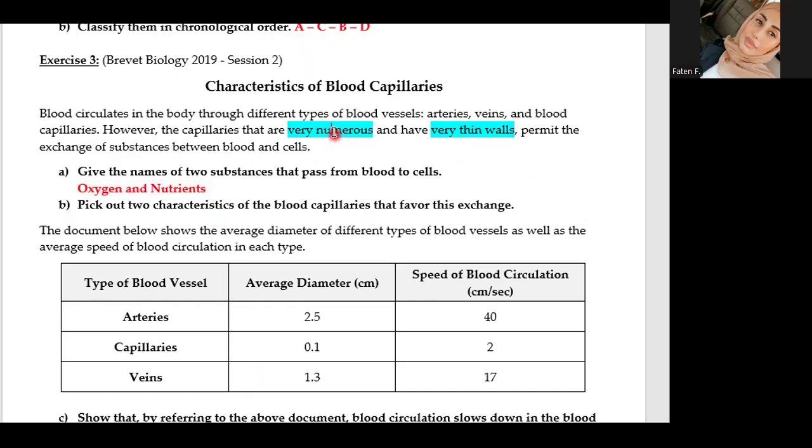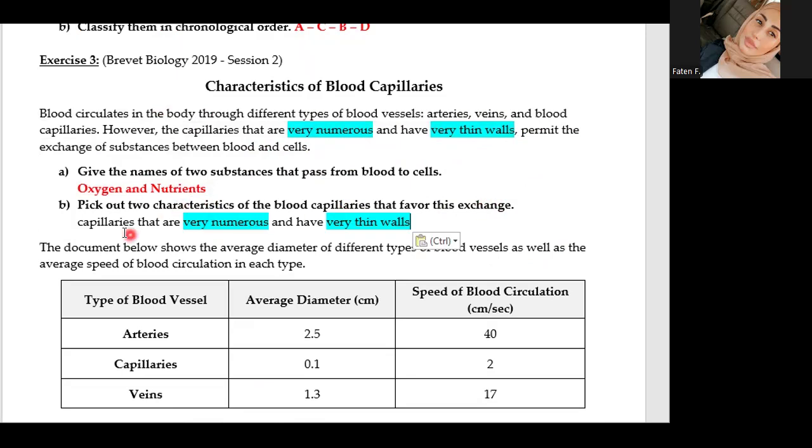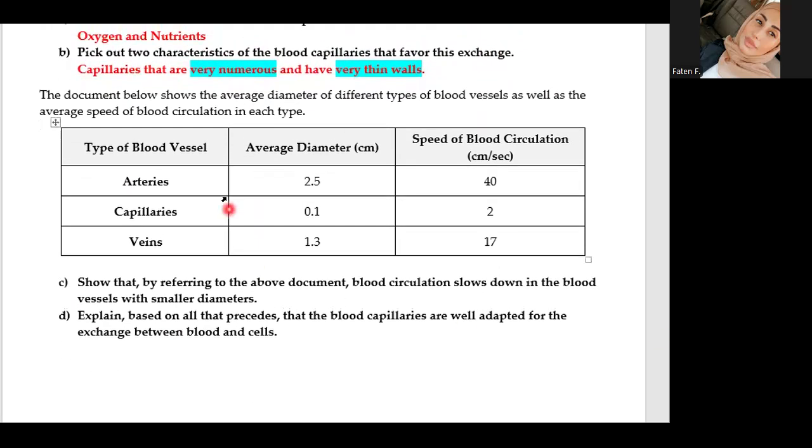Pick out two characteristics of the blood capillaries that favor this exchange. Of course, this exchange happens in the capillaries because capillaries are very numerous and also they have thin walls. The document below shows the average diameter of different types of blood vessels as well as the average speed of the blood circulation.